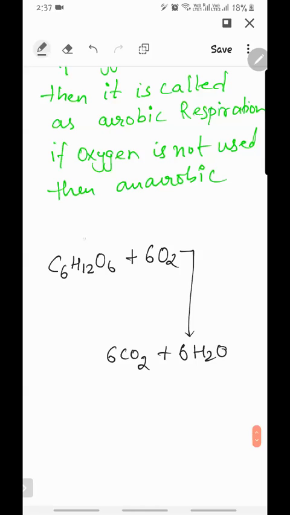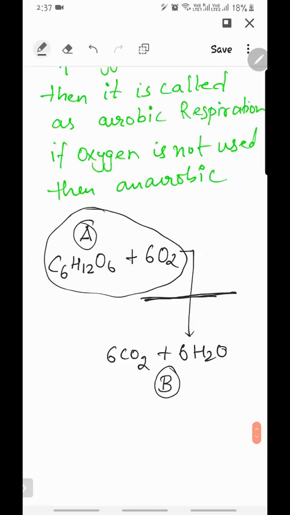Now let us assume this is A and this is B. Listen carefully everyone. Before the arrow mark we will take as A, and we'll take this as B.